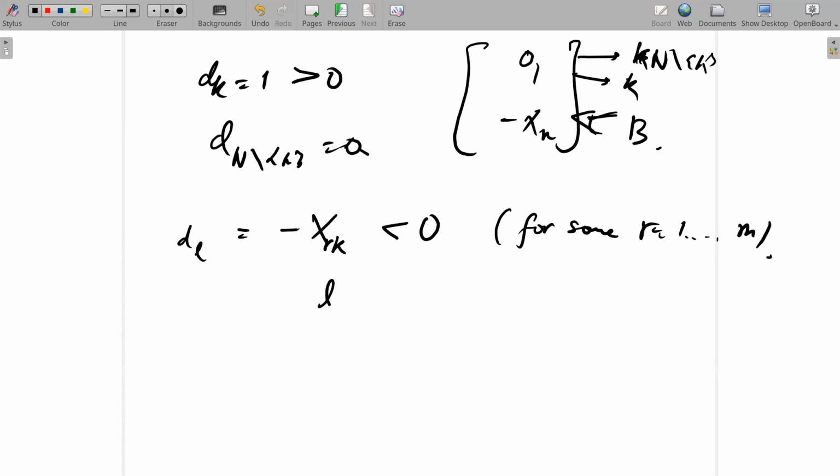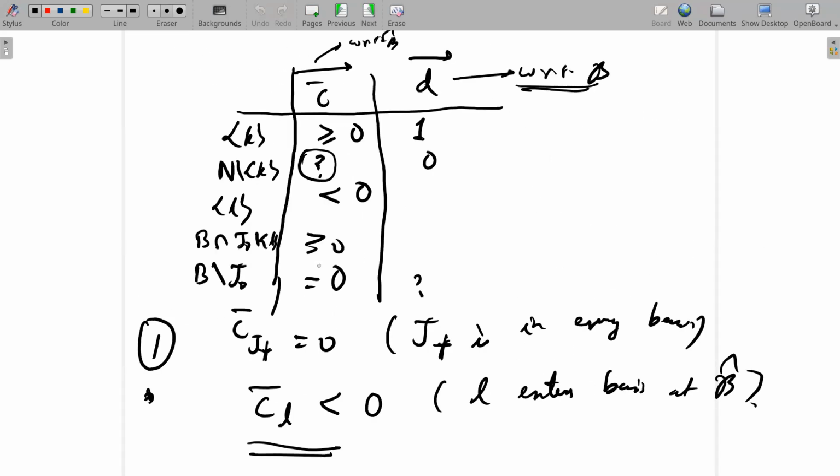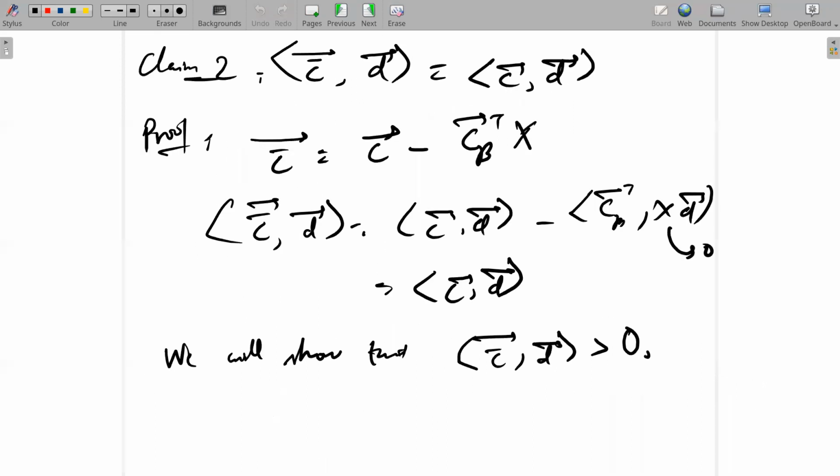What exactly is L? L is the rth basic index with respect to B, not B hat. That's why I tried to clarify: don't think it's the same basis when we're talking about C bar and D bar. But in the claim we're proving, we're consistent with that, so it's not like we're hand waving our way through some non-related claims. Even in this claim, D is with respect to B and C bar is with respect to B hat.